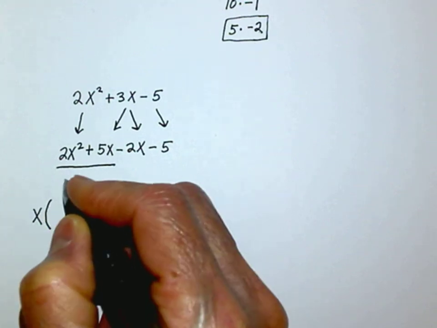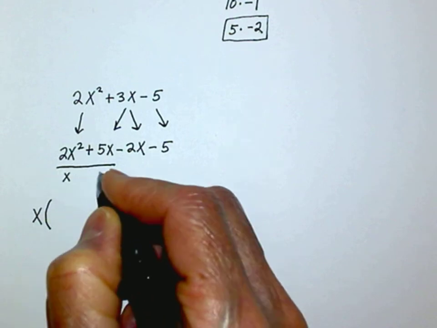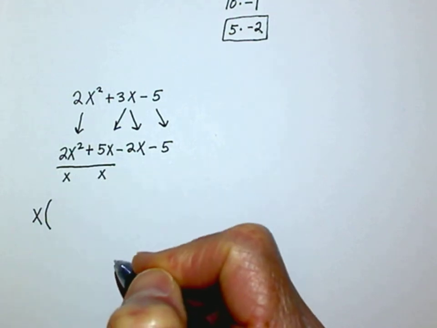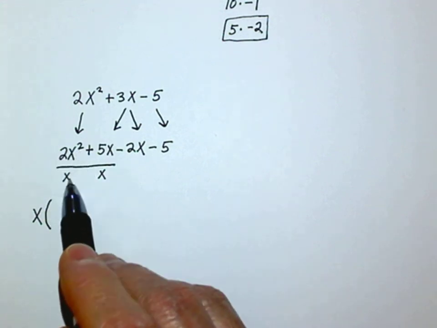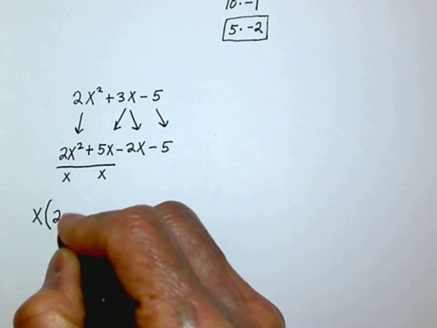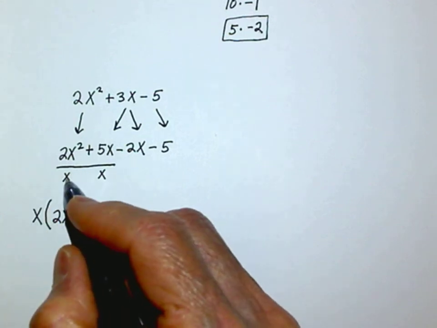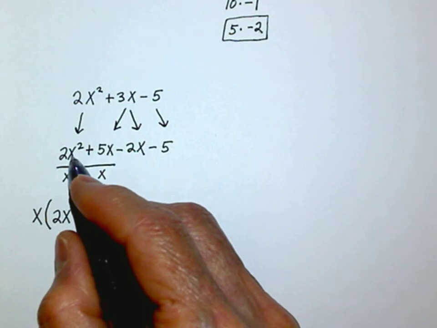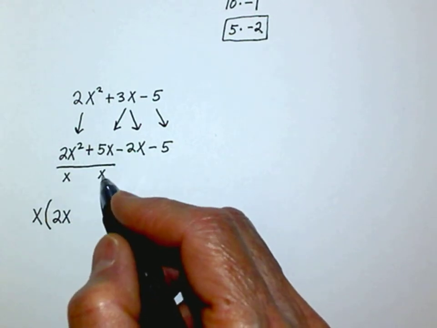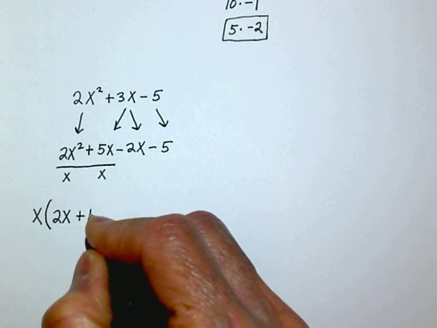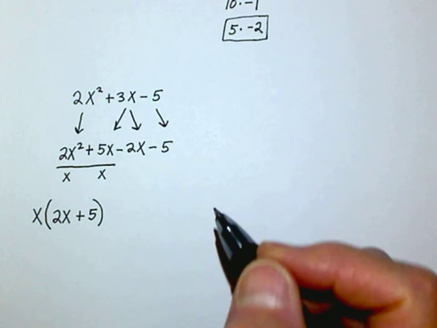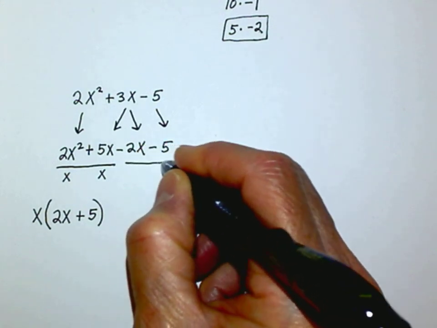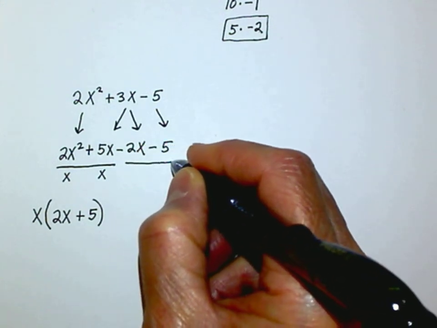To do that, I need to divide both terms by the GCF, which was x. 2x squared divided by x gives me 2x, because this x cancels one of these x's out. 5x divided by x is 5. The x's cancel.